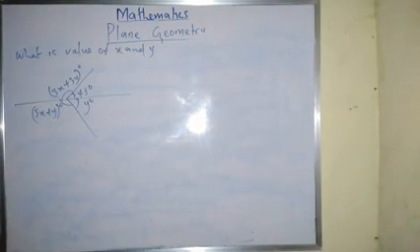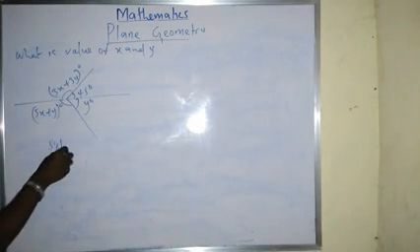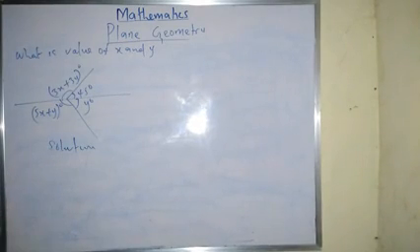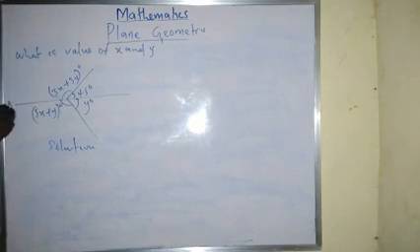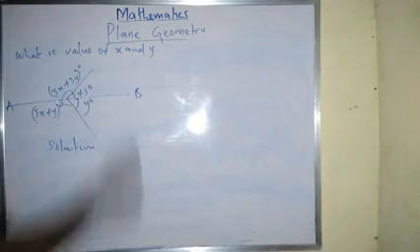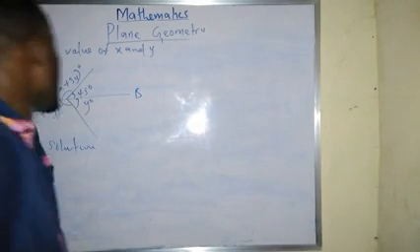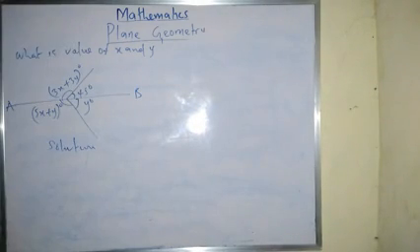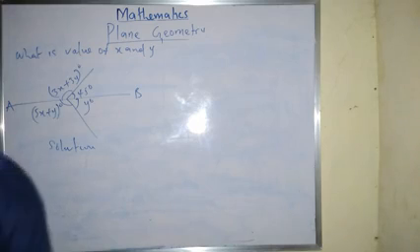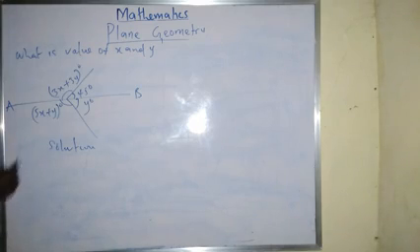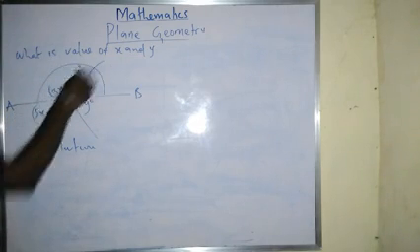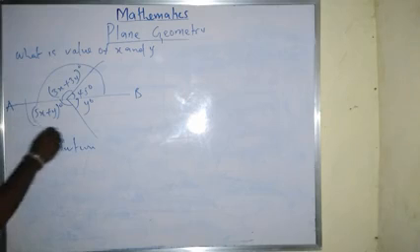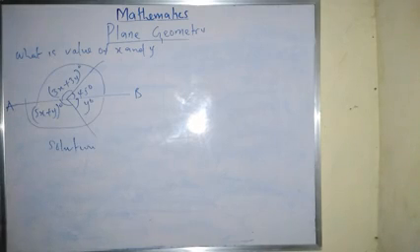Look at this. I want to find the solution to this problem. What I need to do here is this. The first thing I will check is this particular line, which I can title AB. My AB is a straight line. Since it's a straight line, I can say that the upper part and the lower part of the straight line, the sum of them is equal to 180.